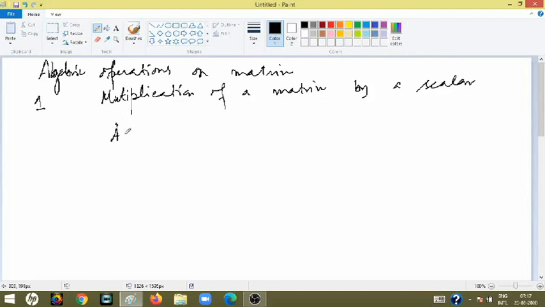Okay, let A equal to aij, m cross n, and C is a scalar quantity.